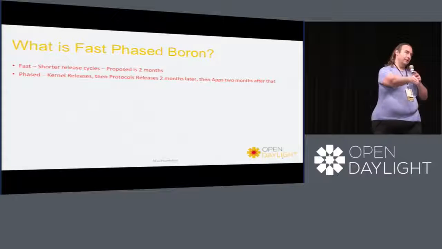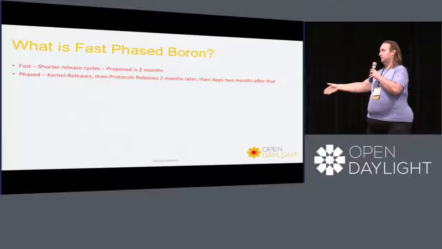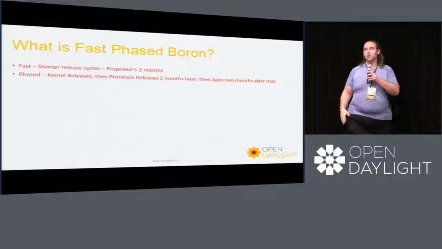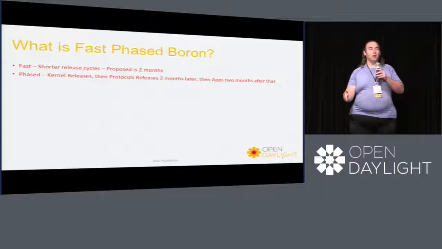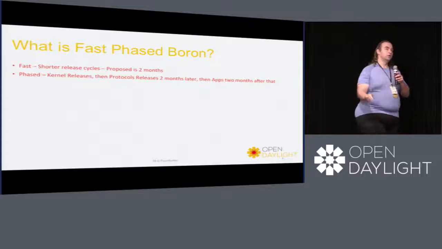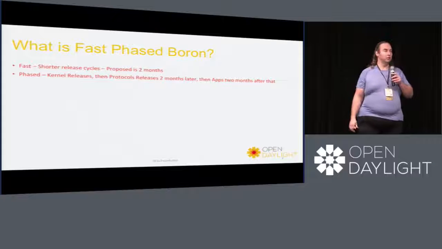So first the kernel project's release, then the protocol project's release, then the app project's release. That gives you a phasing process whereby, for example, the protocol projects can always consume release artifacts from the kernel projects because kernel has already released its version of the release that protocols is working on.